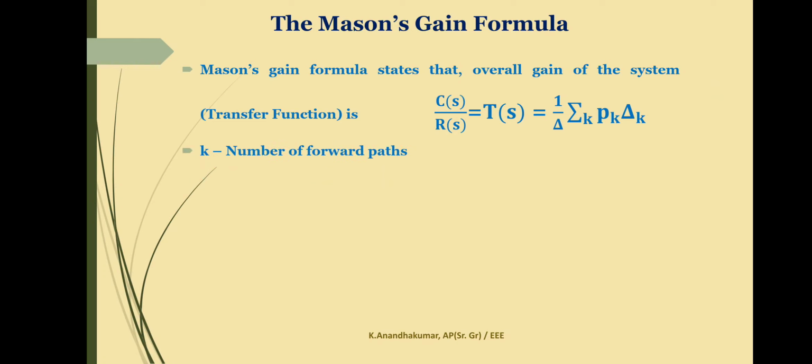Here k is the number of forward paths. As we have already discussed what a forward path is, we are familiar with the term. So if the system has 3 forward paths, the summation will go up to 3 terms, that is P1 delta 1 plus P2 delta 2 plus P3 delta 3, and likewise. Pk is the forward path gain of the kth forward path.